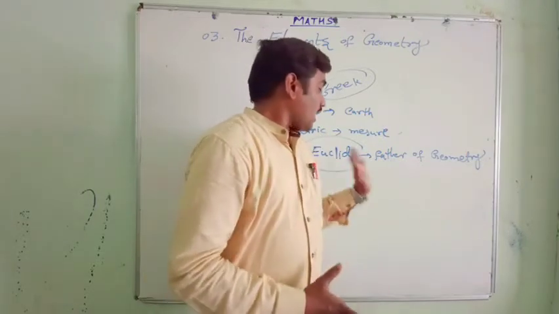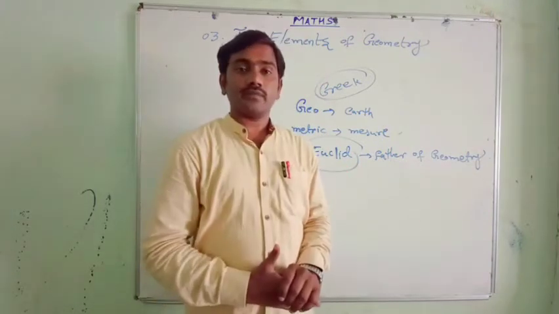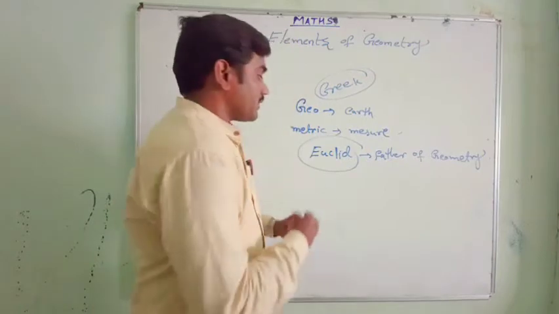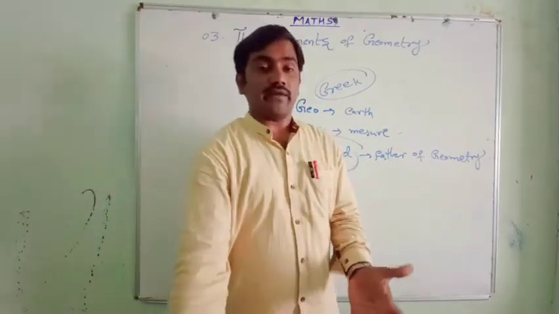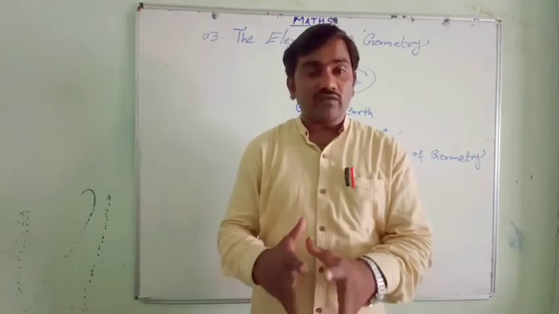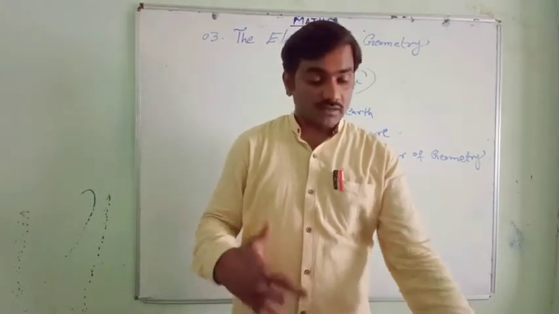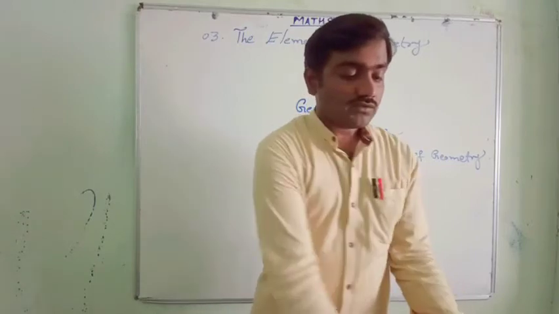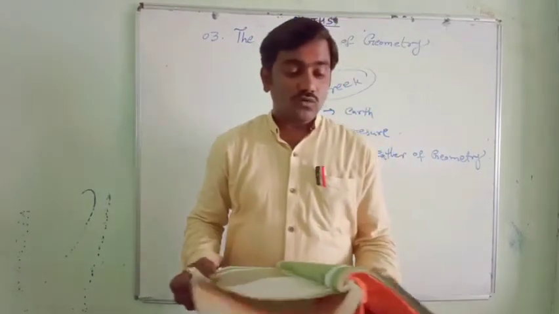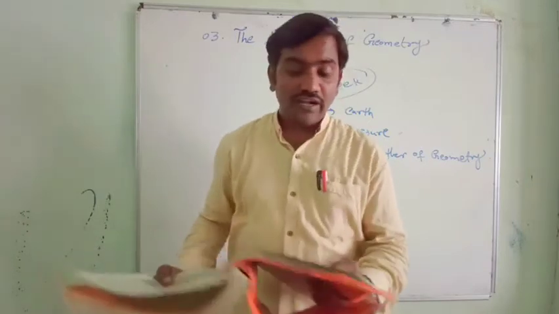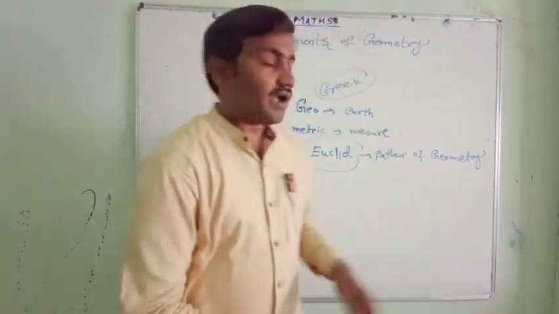So here, according to Euclid, there are three unknown terms which cannot be defined. What are the undefined terms?